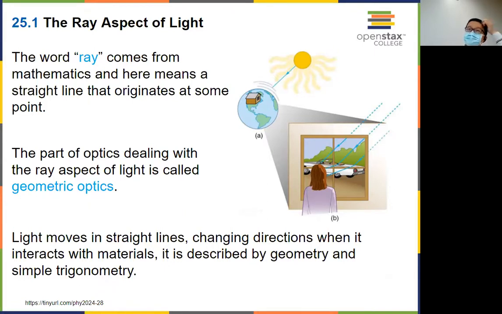For example, if it hits the material and gets reflected, or enters the material, then the direction will change. Most of what you need in geometric optics is geometry and simple trigonometry. Those two areas of knowledge will be used.